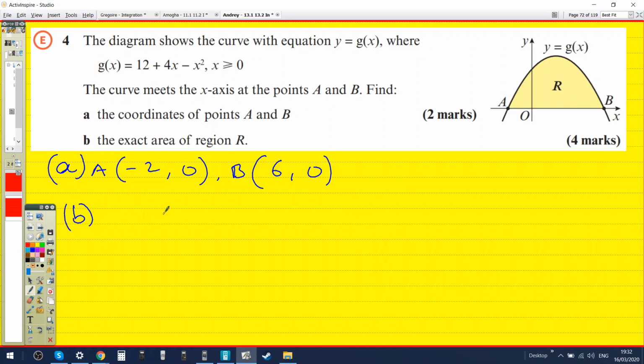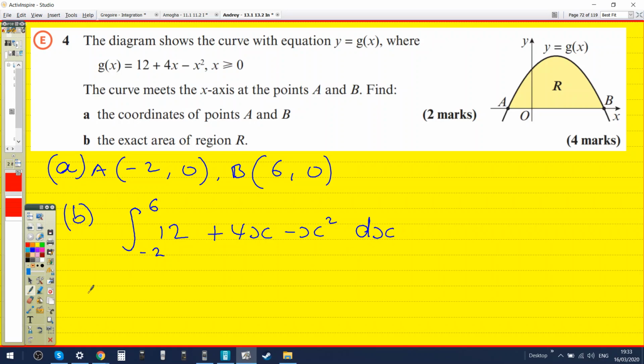And then here I need to actually integrate the thing, don't I? Mm-hmm. Or could I just put 6 and then -2 and 12 plus 4x minus x squared into the integration thing and give us the answer? Yeah, go on, try that.